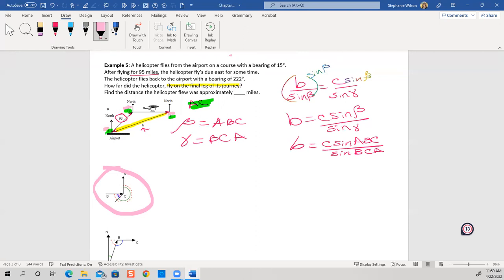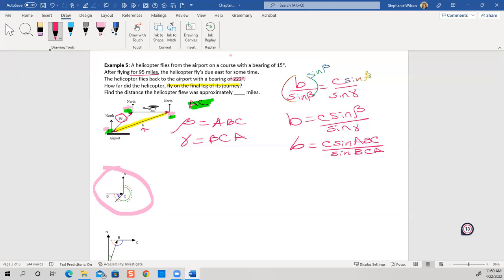So here in the blue is going to be that angle. All right. So remember the bearing of the angle on the return trip said here is 222 degrees. So knowing that, we're going to look at the green figure here, where it shows C right here.